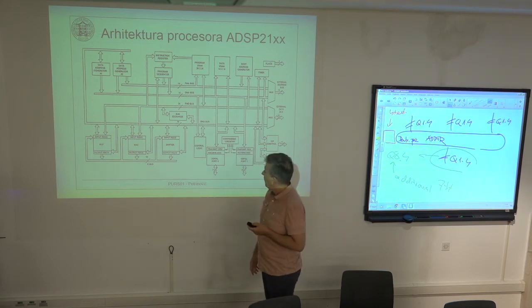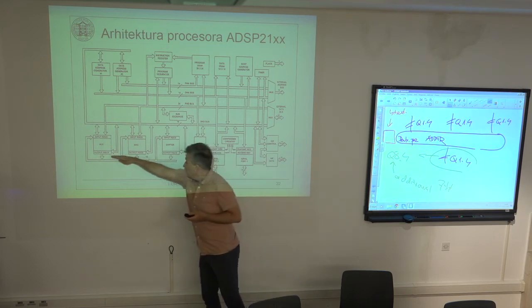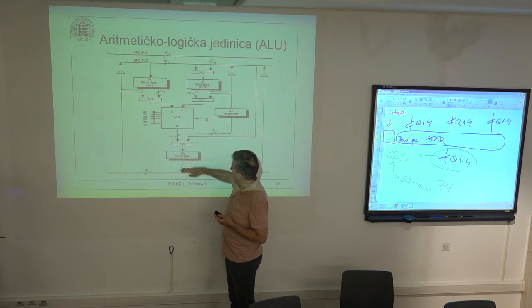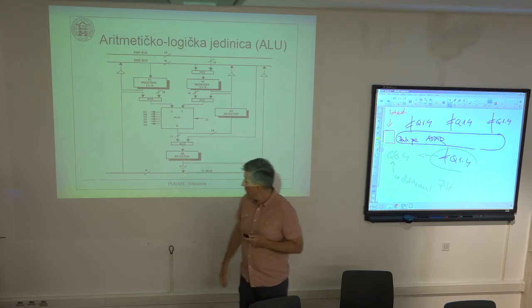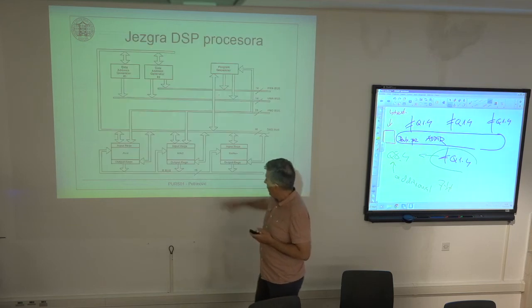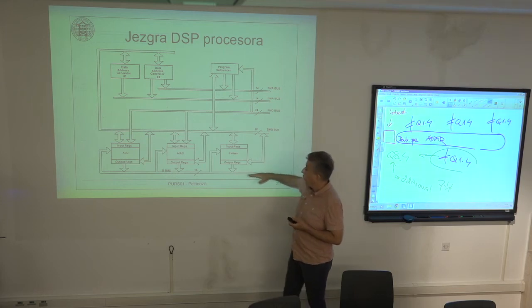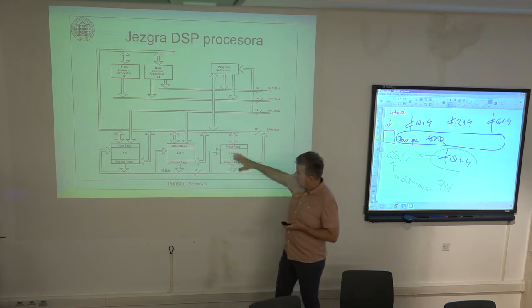Okay? So this output register, this AR, is the output register connected to this result bus. But you can also see from this overall architecture that this result bus is shared. It is shared between all of these execution units.